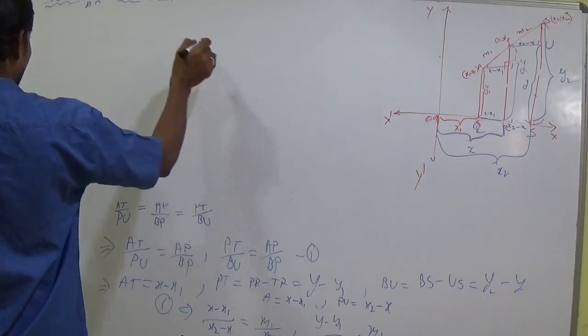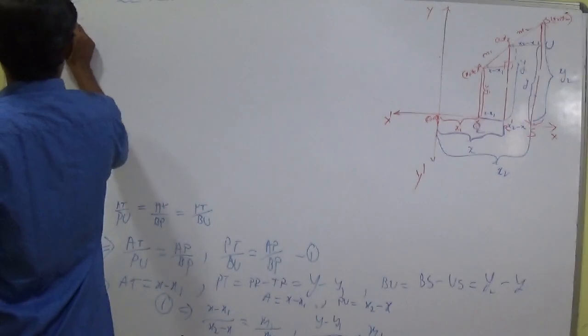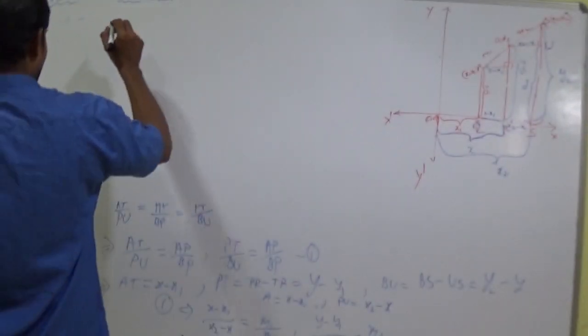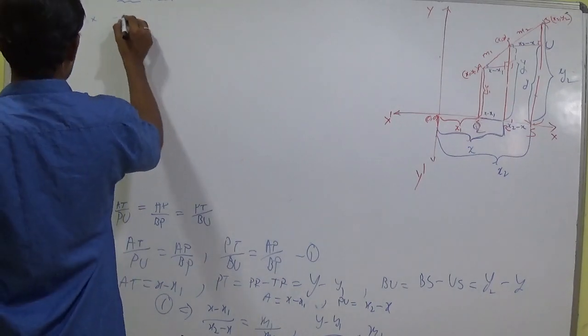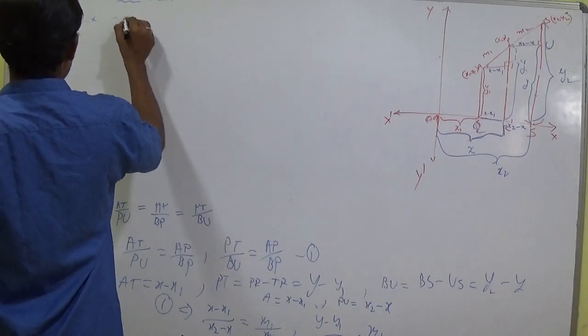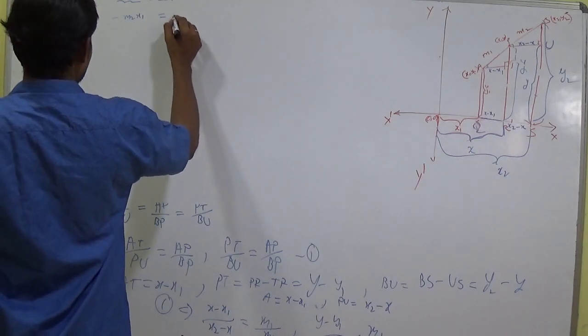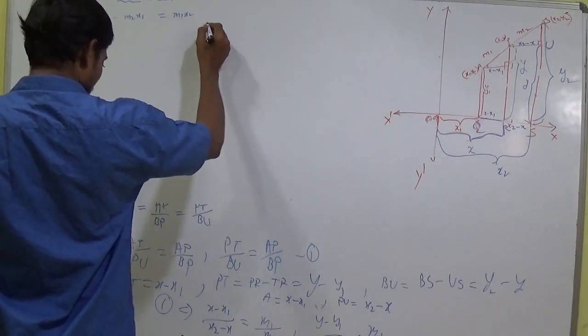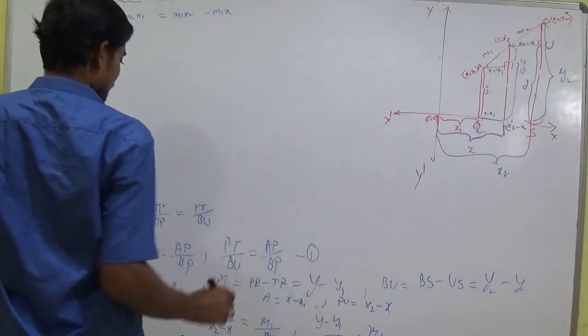I want x and y values here. Implies m2x minus m2x1 equal to m1x2 minus m1x.